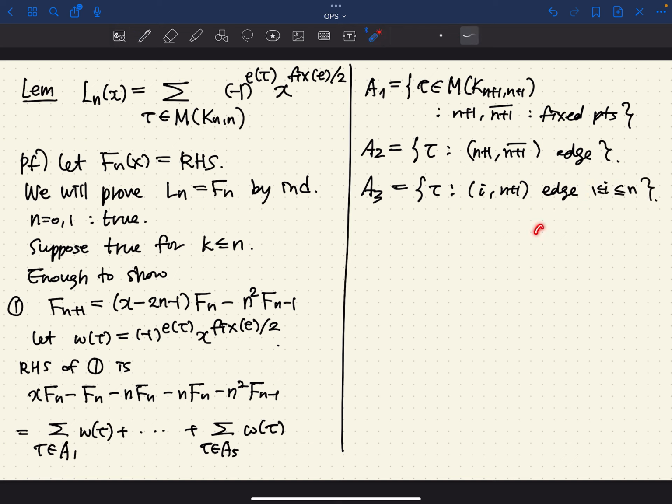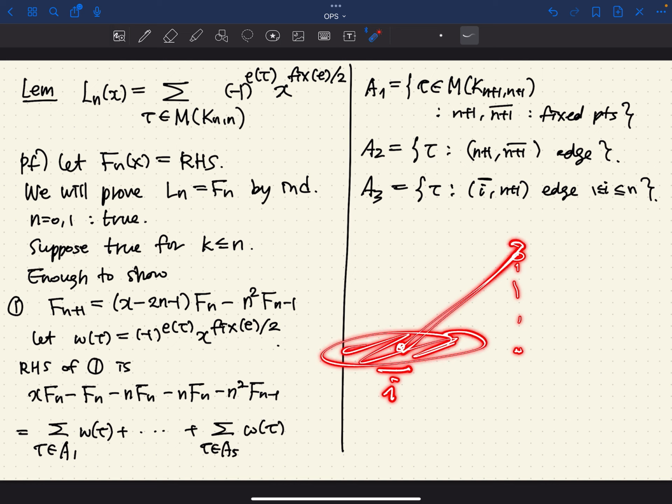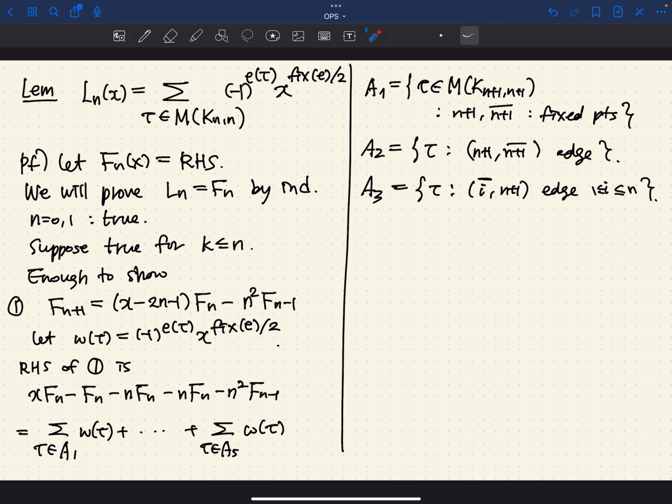So n plus 1 is connected to something that is not, this should be i bar. This is connected to something that's not directly below it. And of course, there are n ways to connect this. That gives us minus n. And then the remaining things have no restrictions, with n elements at the top, n elements at the bottom.